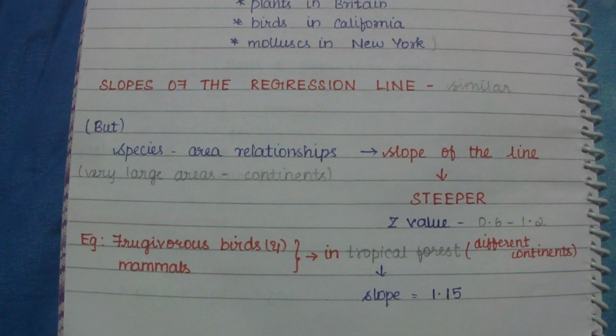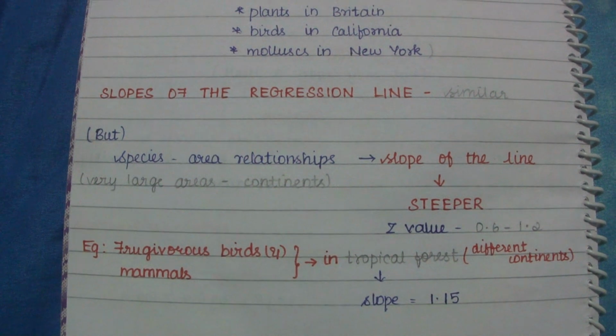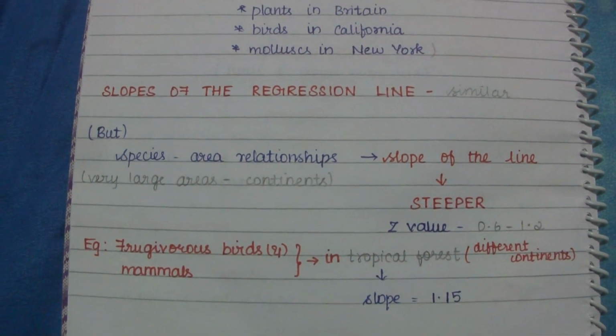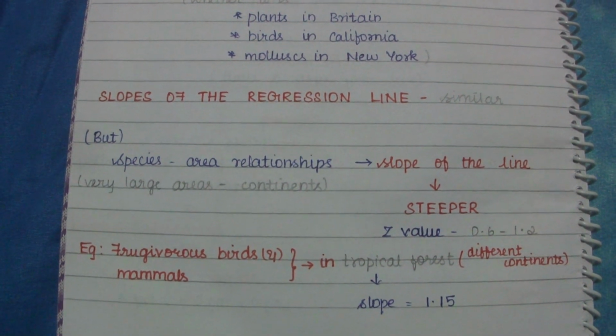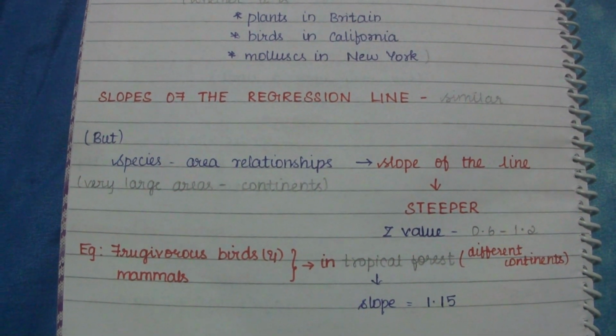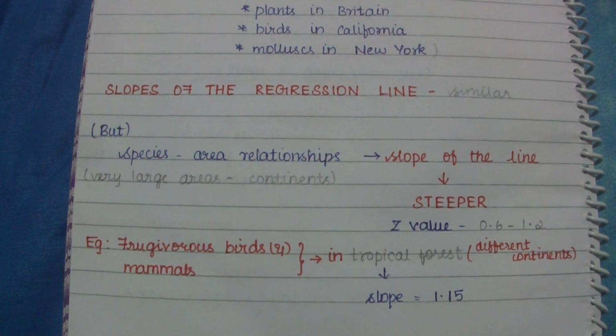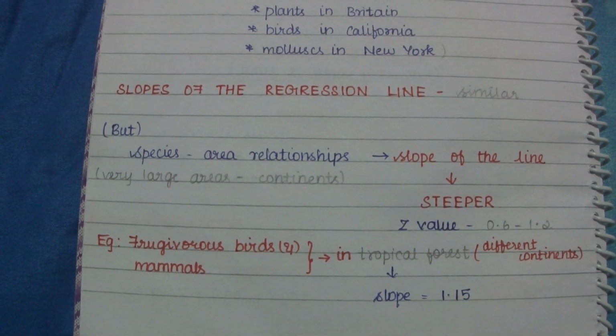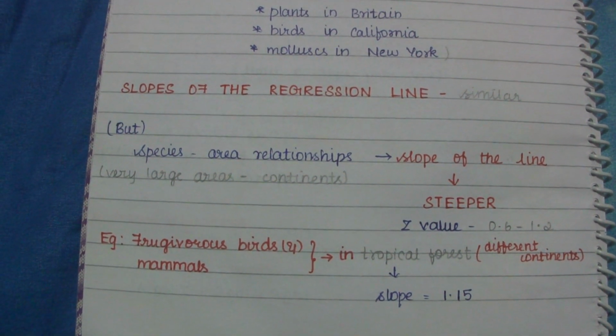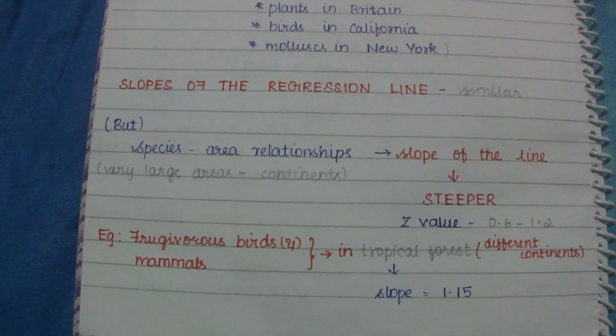So when the species area relationship is calculated for continents or very large areas, the slope of the line, that is the value of Z, becomes very steep, ranging from 0.6 to 1.2.